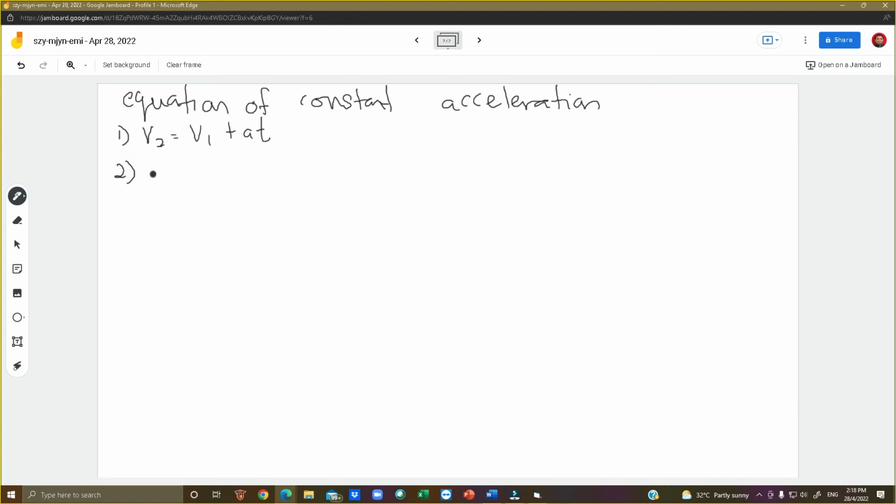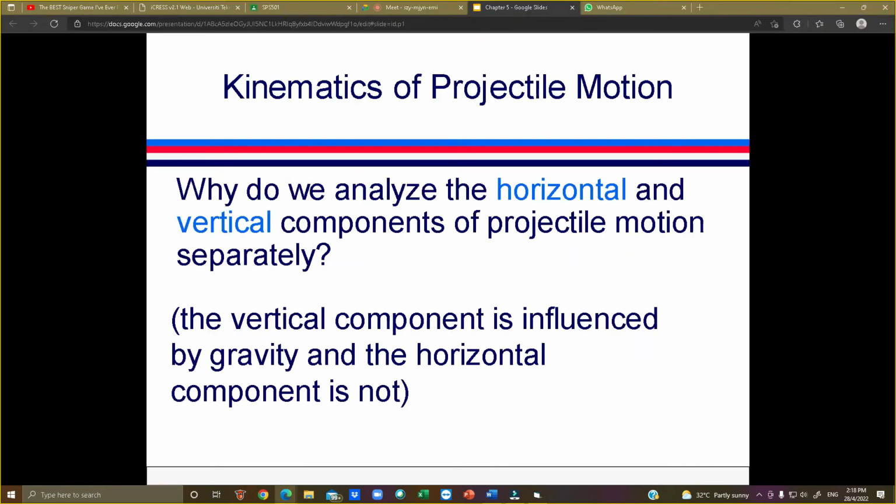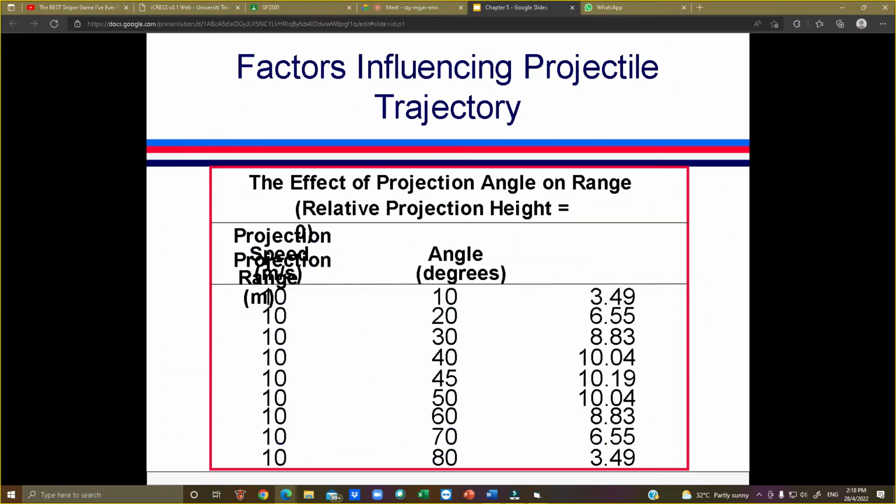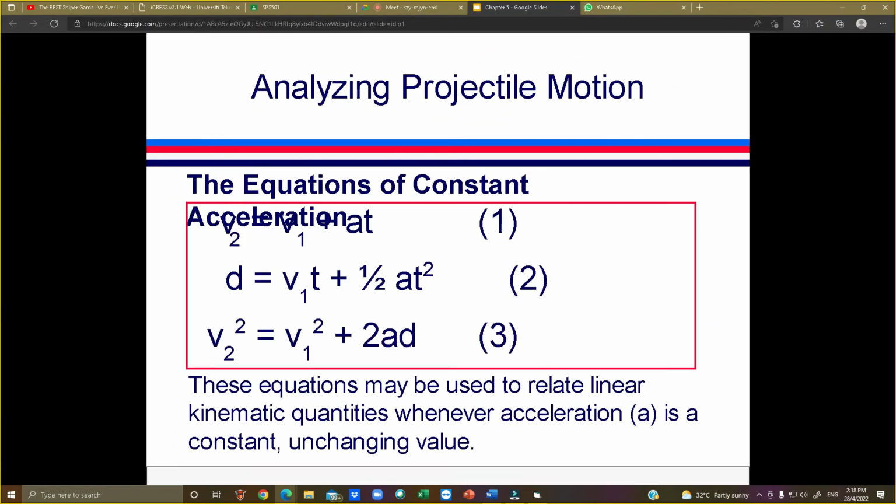Number 2 is D equals to V1T plus half AT square. And number 3 is V2 square equals to V1 square plus 2AD. Ni tiga equation ni. Kalau tengok nota ni kat ujung sekali ada. Tu dia. Okay. This is the equation. Yang atas ni V1 plus AT.